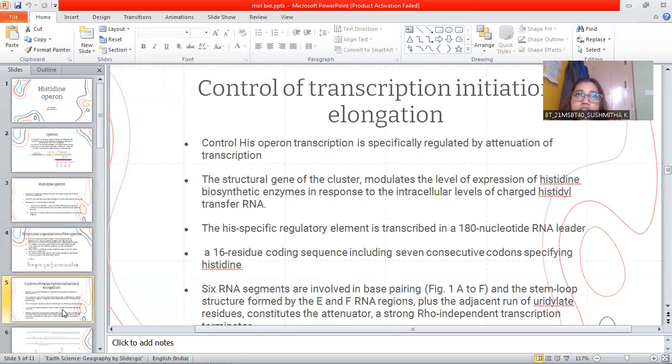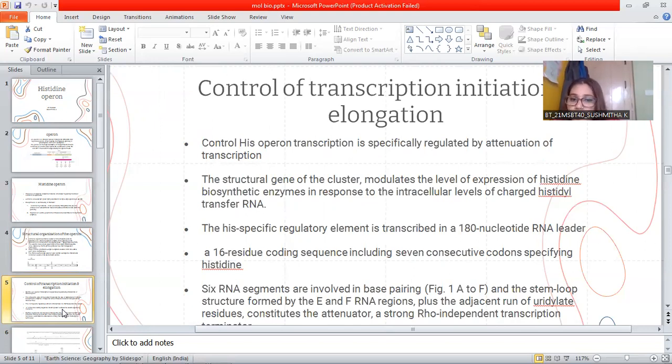What that basically means is that there are histidyl tRNAs present. Based on the level of the concentration of these tRNAs, the histidine biosynthesis happens. The histidine biosynthetic enzymes are being synthesized.